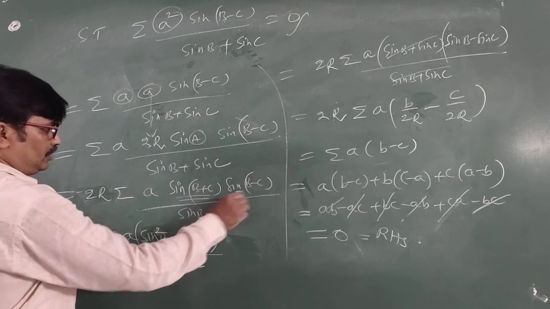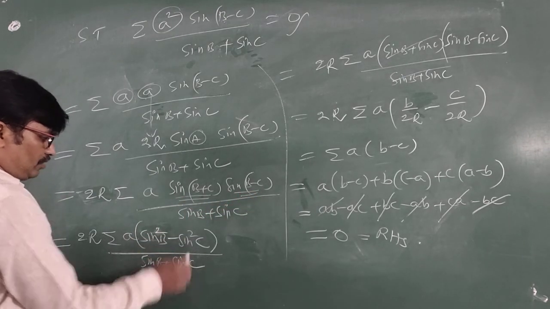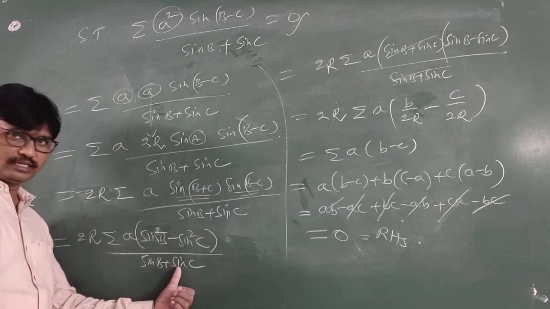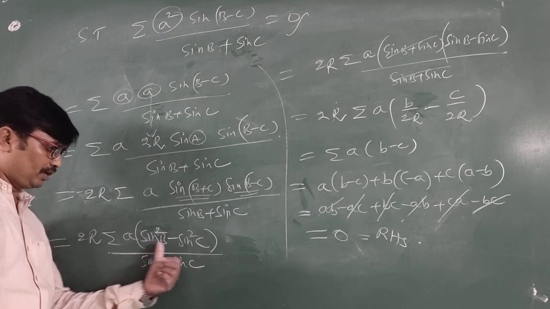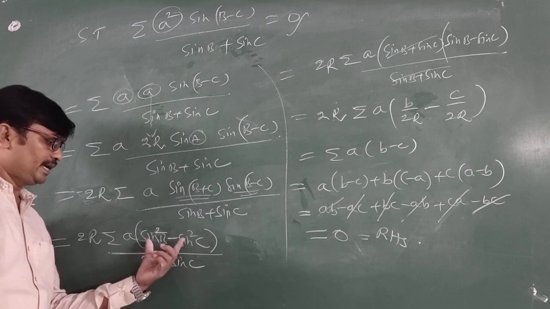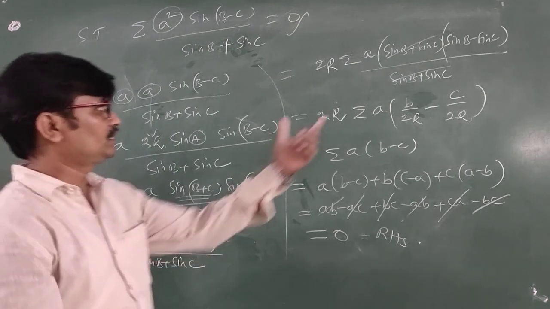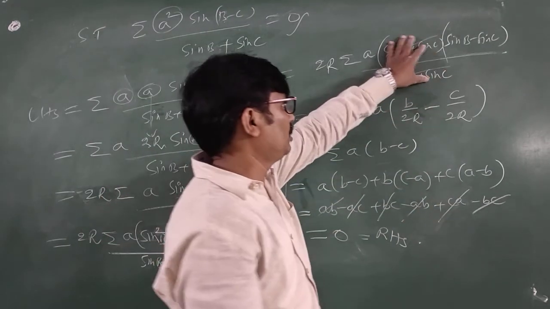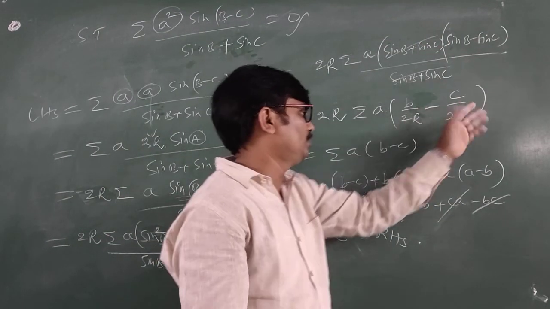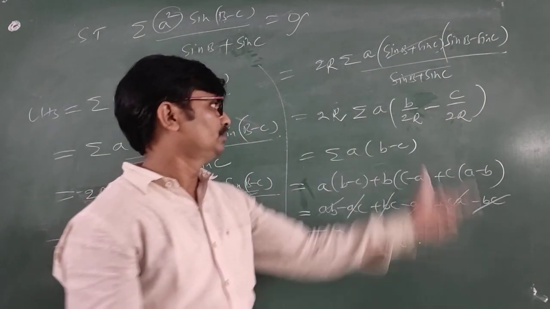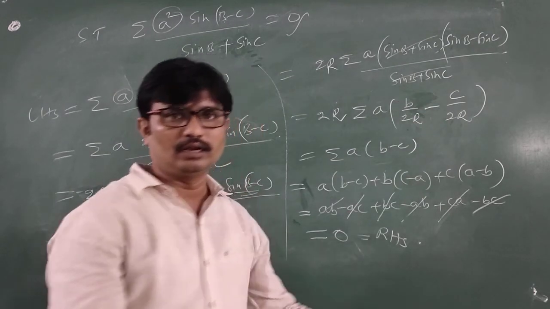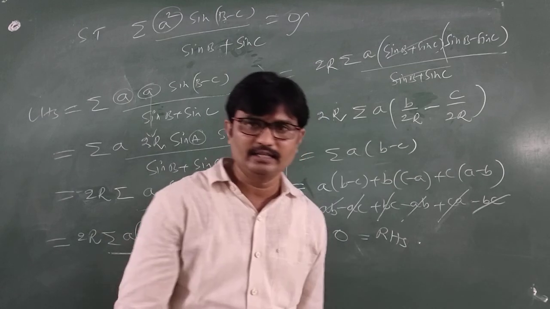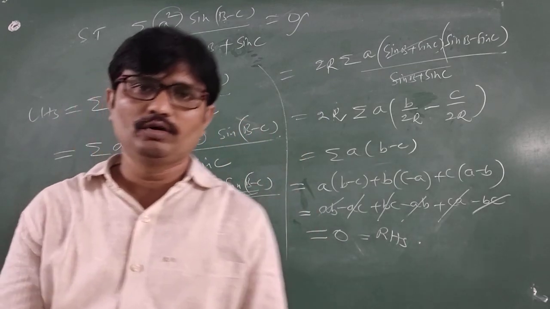Sin of B plus C into sin of B minus C is sin square B minus sin square C, with denominator sin B plus sin C. So, students, we have to compare with x square minus y square: x plus y is sin B plus sin C, into x minus y is sin B minus sin C. These two are cancelled. This is b by 2R, this is c by 2R, 2R cancelled. This is a into b minus c. Now we can remove sigma. ab, bc, ca, these are all cancelled. We got 0. Okay, students.